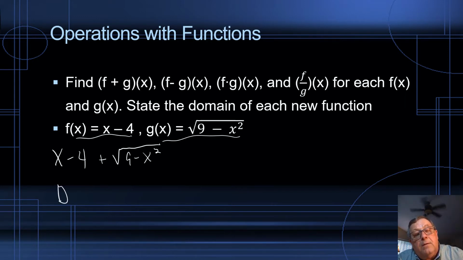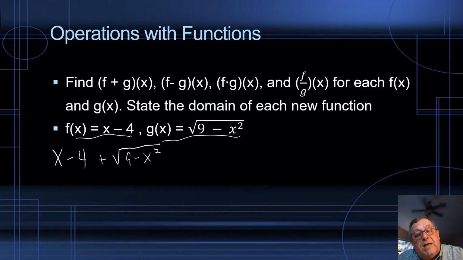Now the domain has got to be such that I'm not going to take the square root of a negative number. And I've got 9 minus x squared. Well, in order to solve for that domain, I want to think about what would cause me to take the square root of a negative number. Zero is okay.